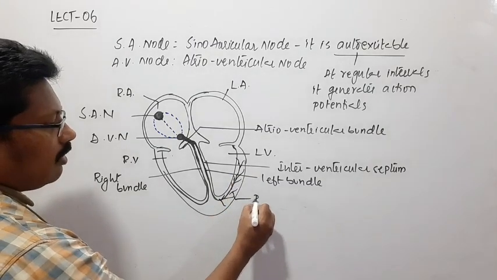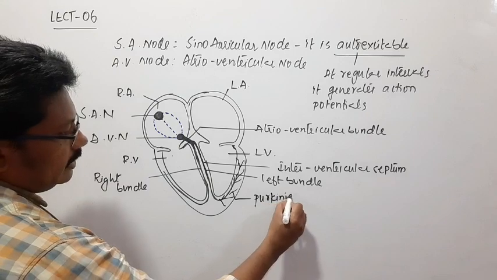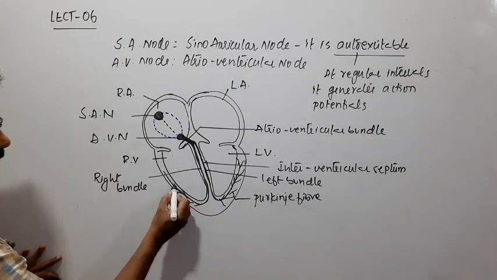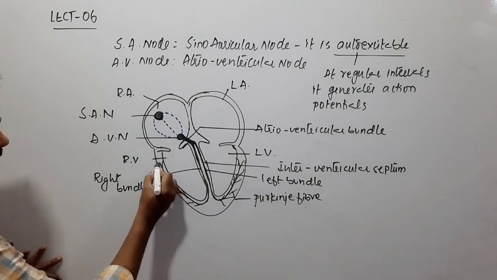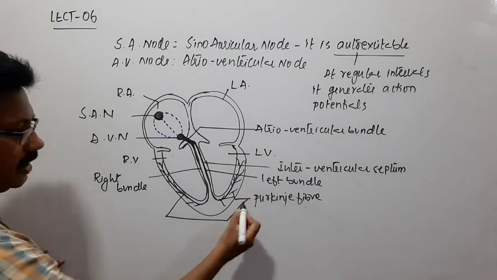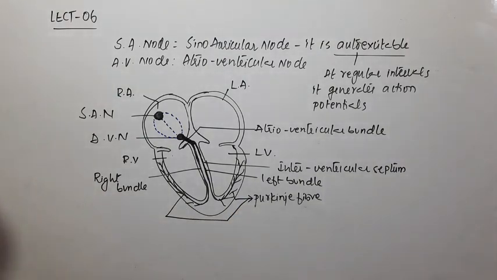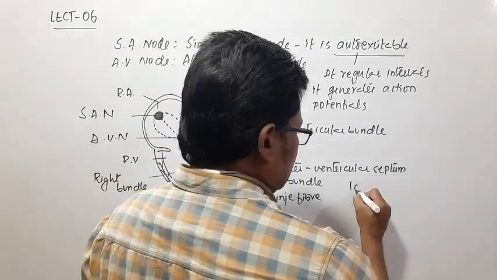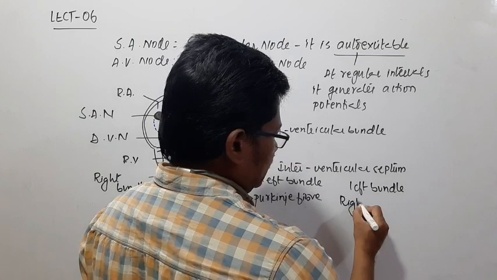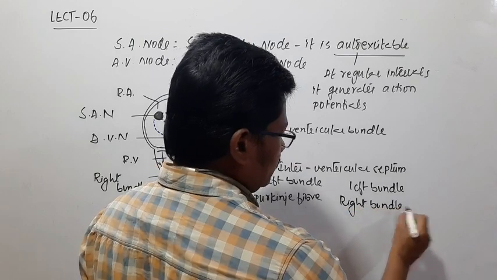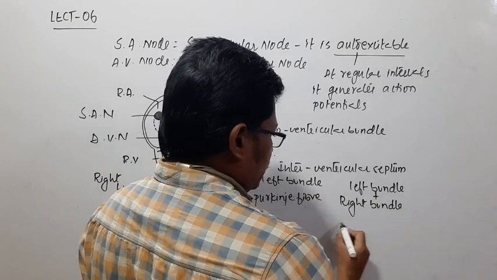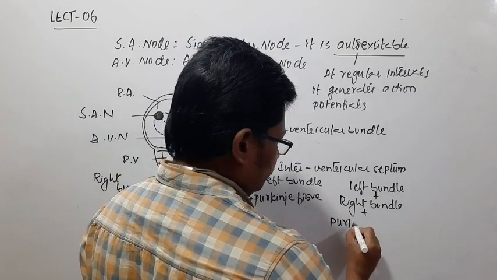These are called the Purkinje fibers, which are also seen on the right side in the same way.